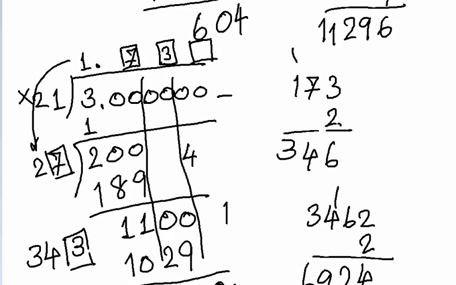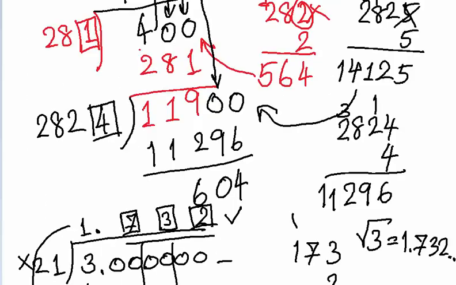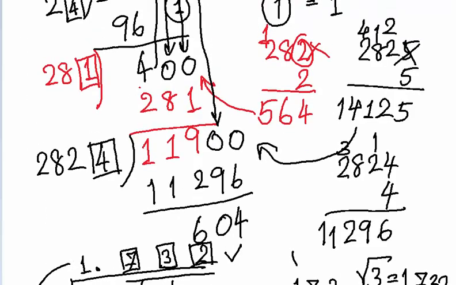So we can see that 3 digits is enough. Okay, 3 digits after the decimal point. So the square root of 3 will become 1.732 and so on. Okay, you can apply this technique to whatever number.